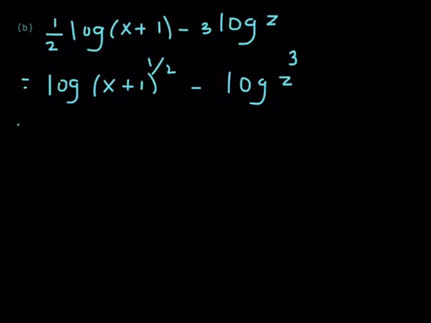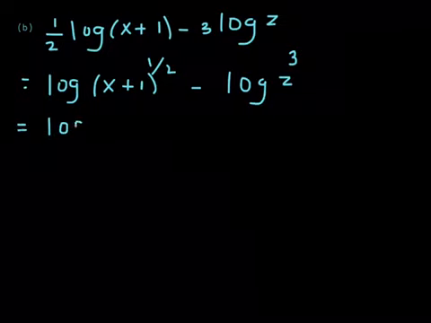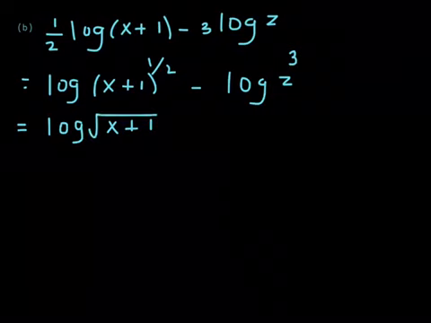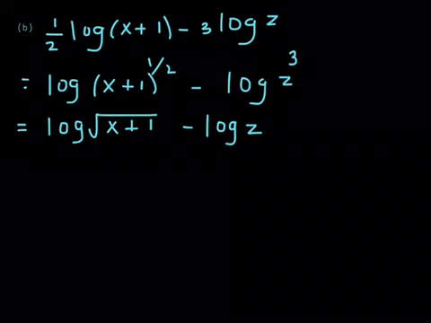You know what I'm going to do, guys, is instead of writing an exponent of 1/2, that's the same thing as a square root, right? The square root is arguably more common notation than a fractional exponent.